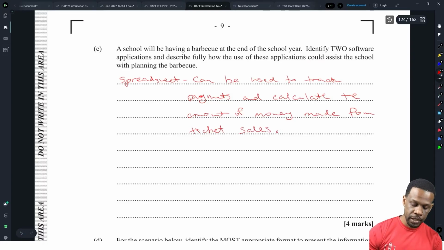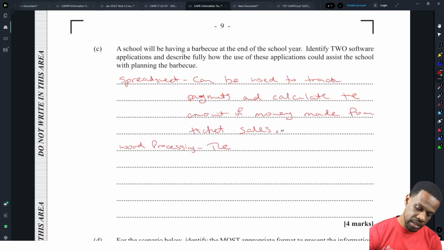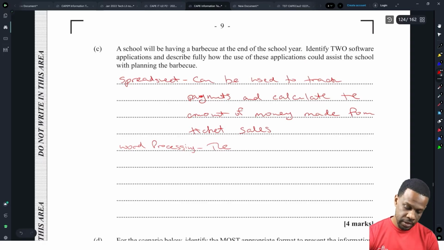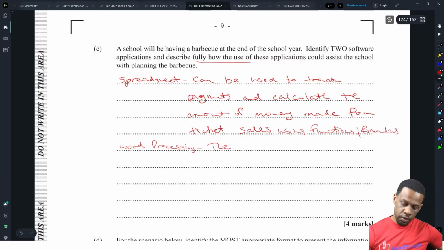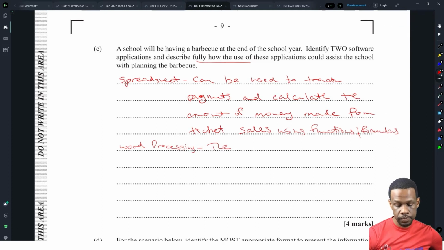Anything financial. And then you could say word processing. Oh wait, calculate the amount of money for ticket sales. You have to state fully exactly how they could use it, using functions and formulas. Usually that's what they look for. Word processing, the mail merge feature.